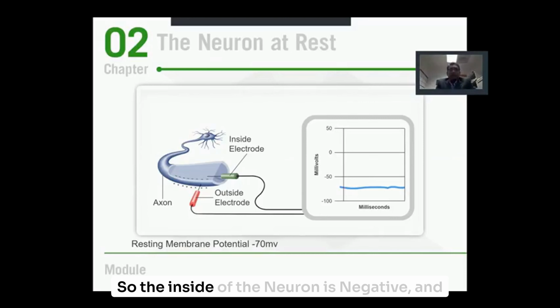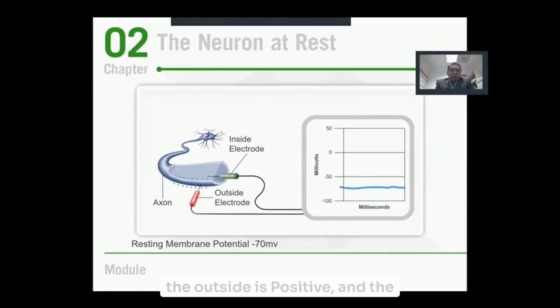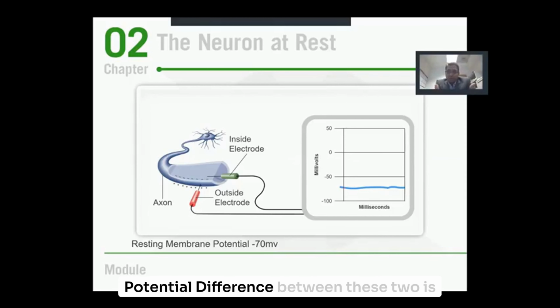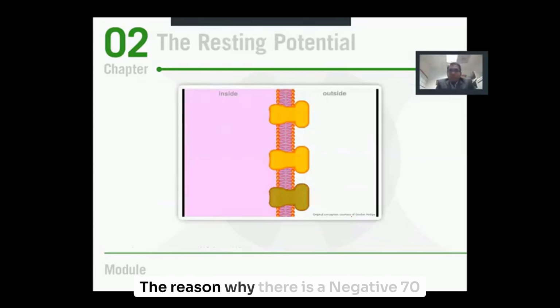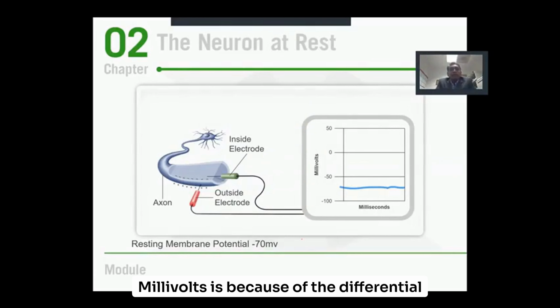So the inside of the neuron is negative and the outside is positive, and the potential difference between these two is negative 70 millivolts. And the reason why there is a negative 70 millivolts is because of the differential distribution of ions inside and outside the cell. Cells are embedded within a fluid. We call that extracellular fluid.